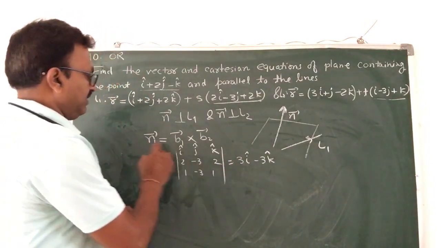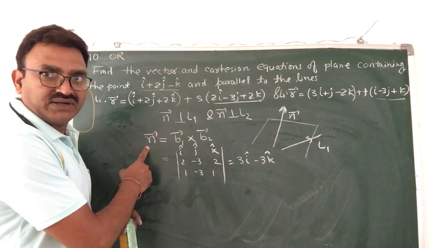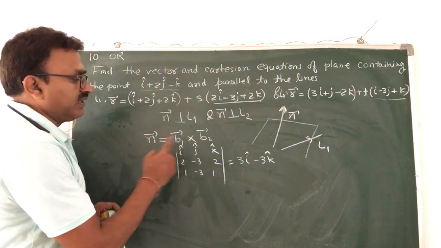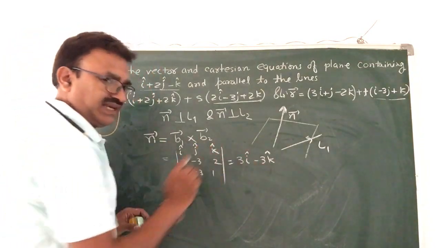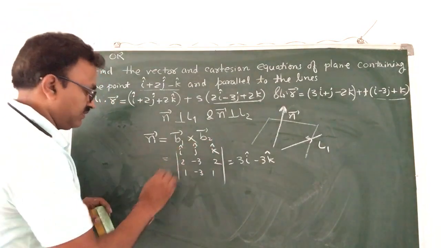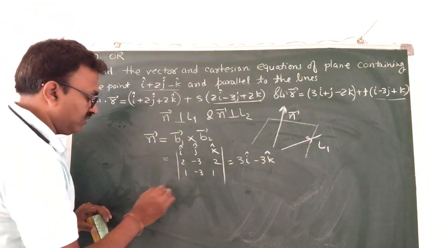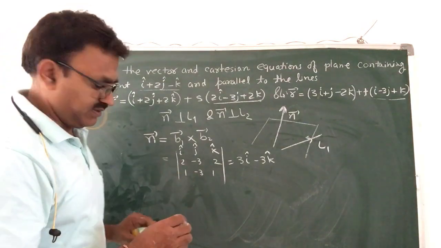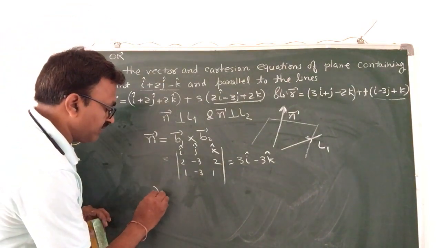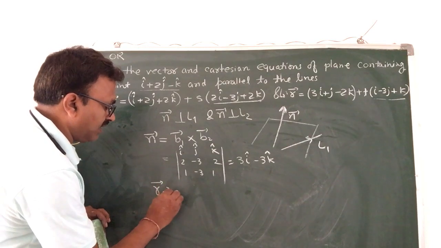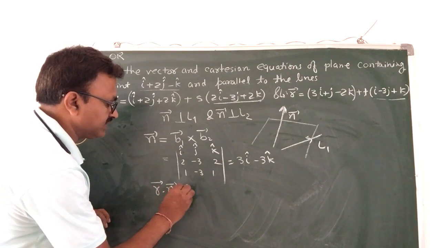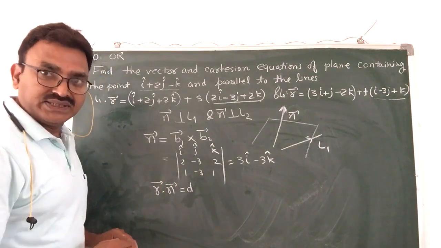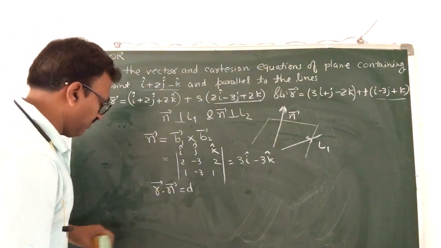In simple terms, vector n is the direction vector of the normal. Vector n can also be written as i minus k. Okay, so now the equation of the plane, we know it. The vector equation of a plane is represented by vector r dot vector n is equal to d.